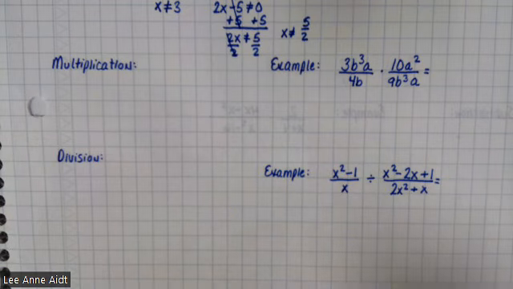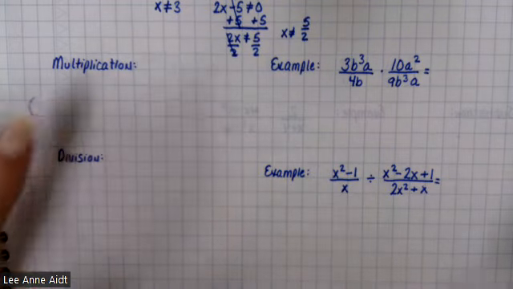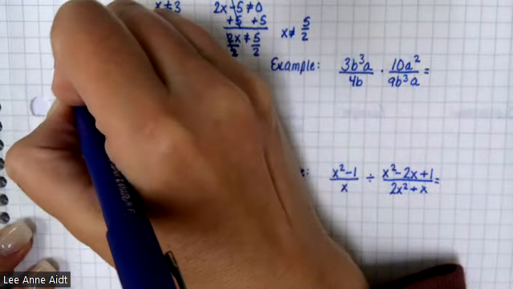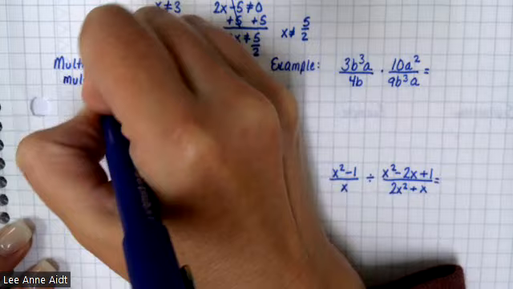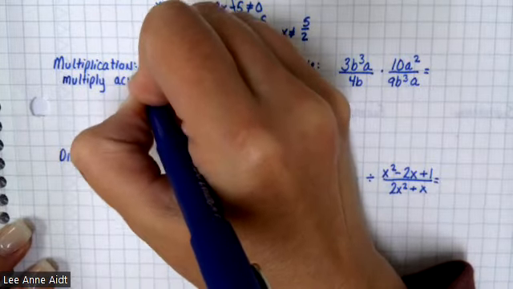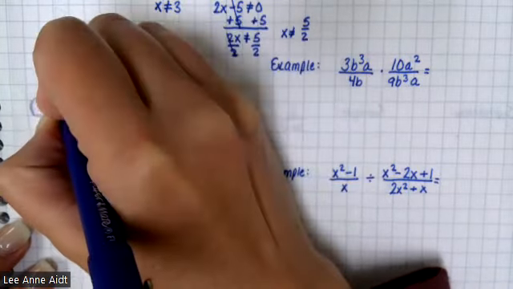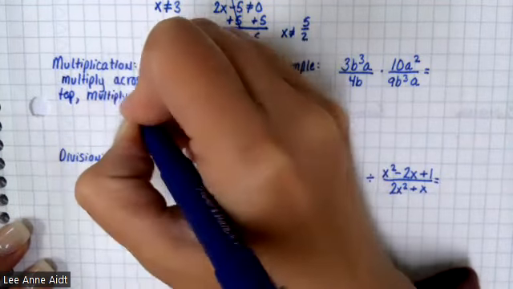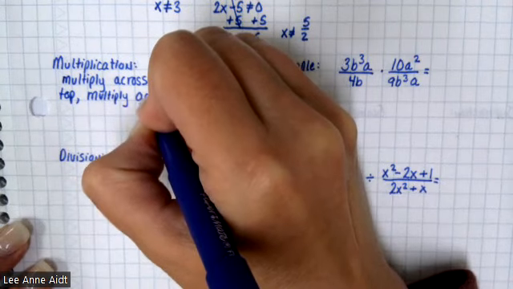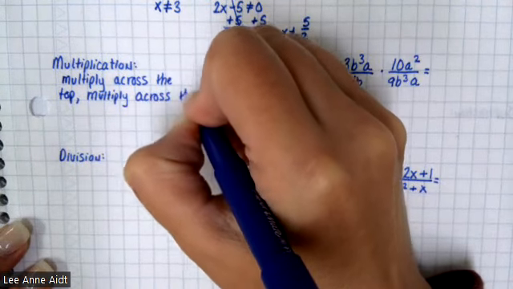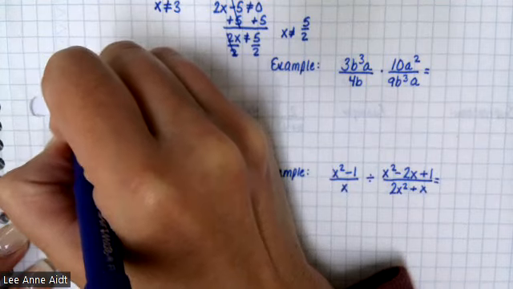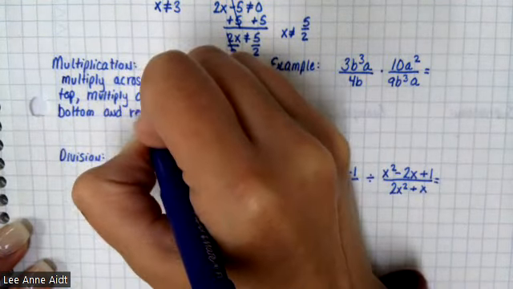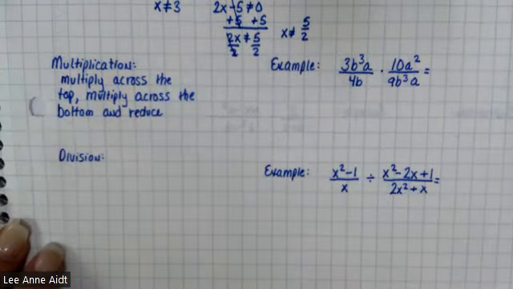Okay, here we go. Multiplication. We're going to write some words on this part. So we're going to say multiply across the top, multiply across the bottom, and reduce.